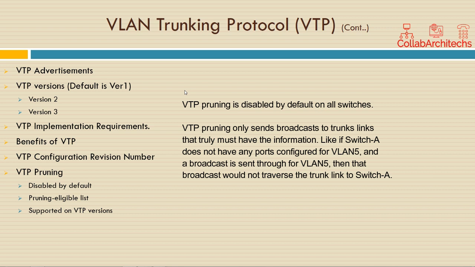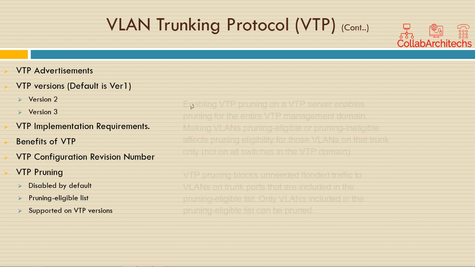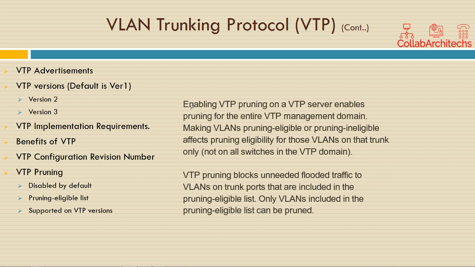VTP pruning only sends broadcasts to trunk links that truly must have the information. Like if switch A does not have any ports configured for VLAN 5 and a broadcast is sent for VLAN 5, then that broadcast would not traverse the trunk link to switch A. Enabling VTP pruning on a VTP server enables pruning for the entire VTP management domain.